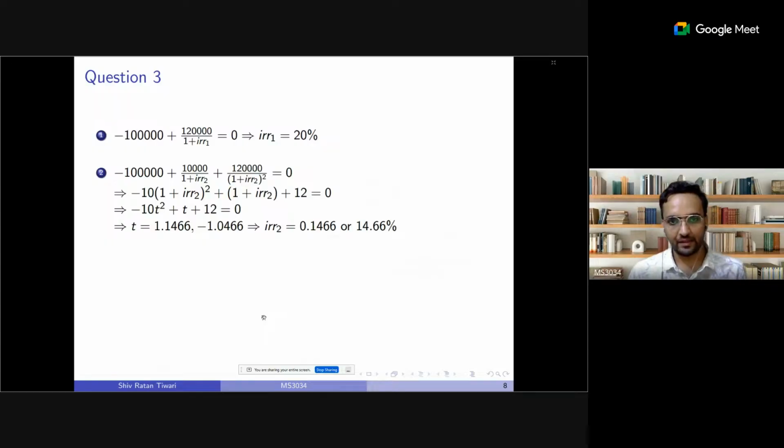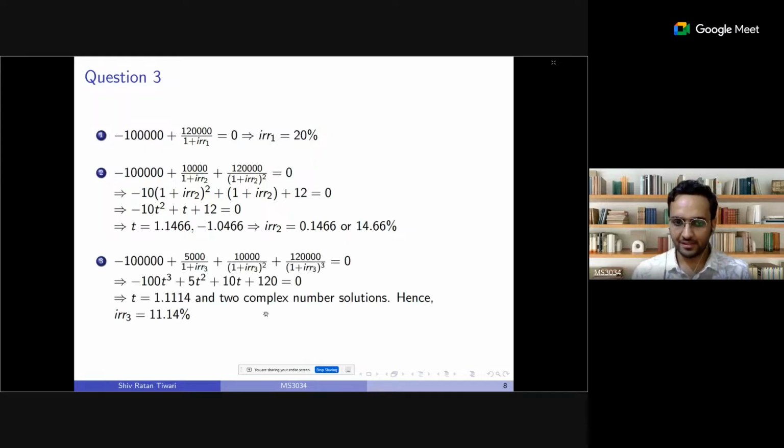In the second case, when you put these values, you get a quadratic equation in terms of 1 plus IRR. If you solve this quadratic, you get two solutions, one positive and one negative, and we know that interest rates are not negative, so we reject the negative one, and from that we get the IRR equal to 14.66% in the second case.